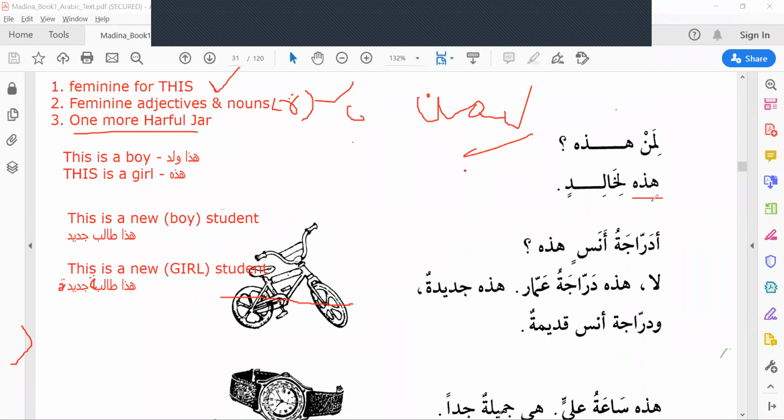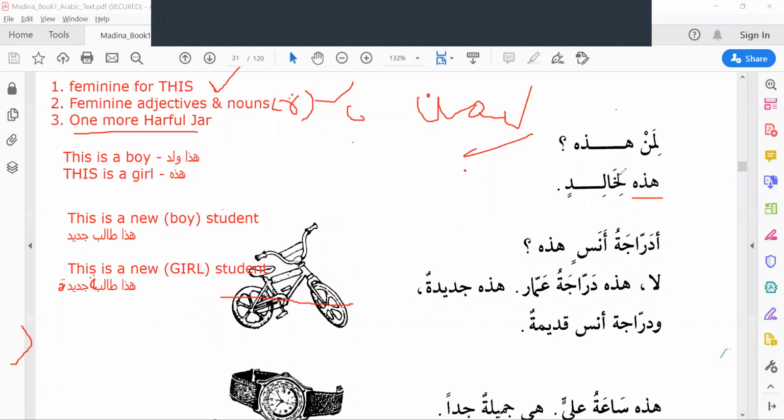Hadihi li Khalidin. So when we read hadihi, we have to understand that the author is pointing to a feminine noun.